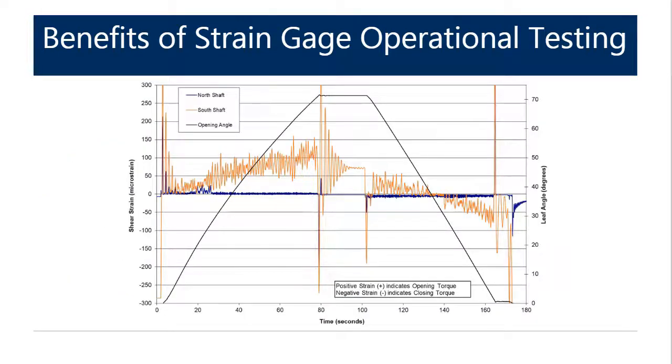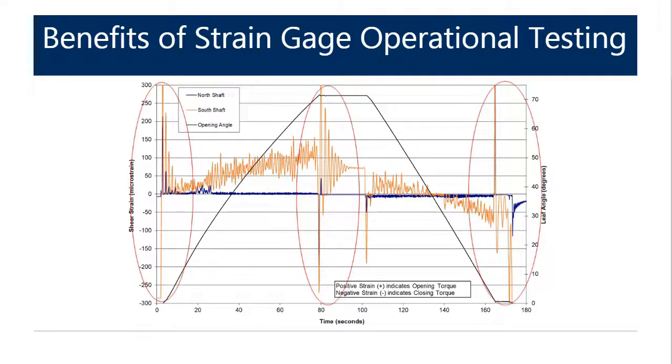This strip chart is from a bascule bridge where we performed some testing and we diagnosed that the differential was malfunctioning. This is pretty evident by the fact that the north shaft is carrying very little load and the south shaft carrying significant load. Additionally, it's noted from the testing that significant load spikes were occurring and machinery was being overloaded during operation.